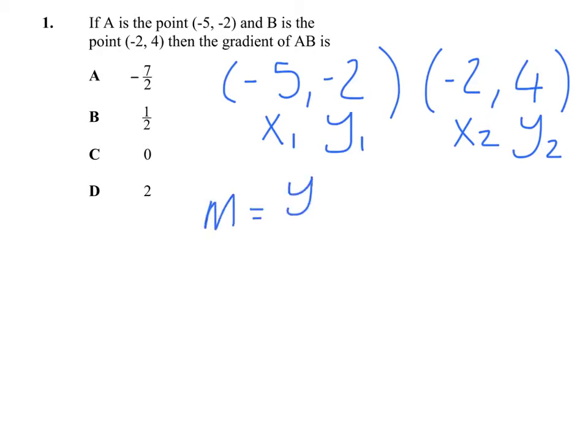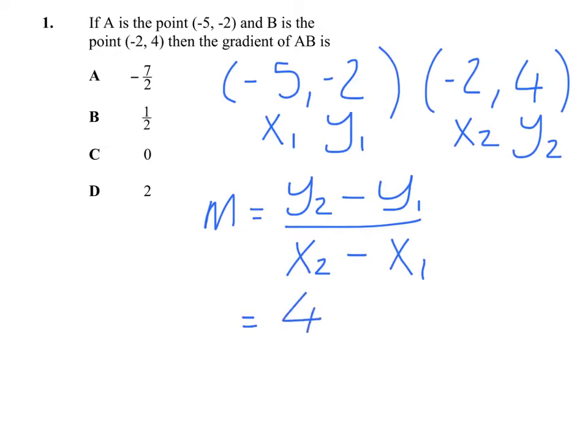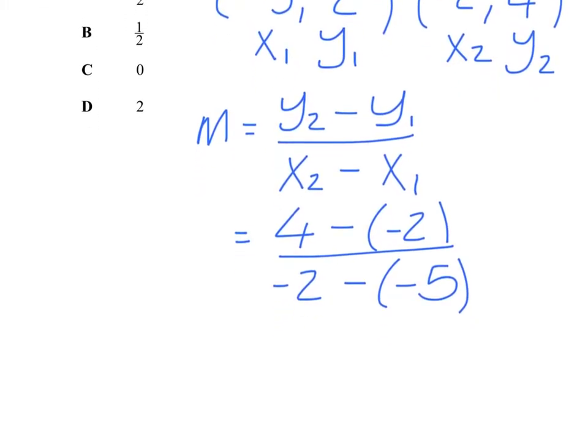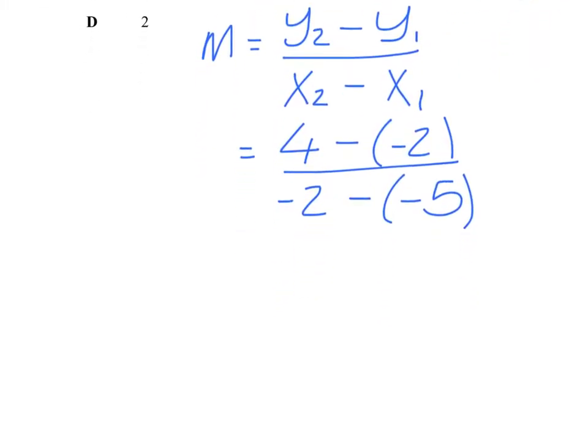So m equals y2 take away y1 over x2 take away x1. Substituting in the correct values. On the top line it's 4 take away -2, and on the bottom line x2, which is -2, take away x1, which is -5. So just moving this up a little bit.